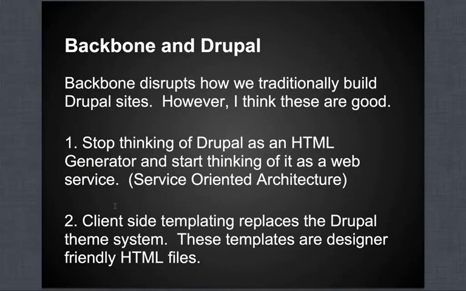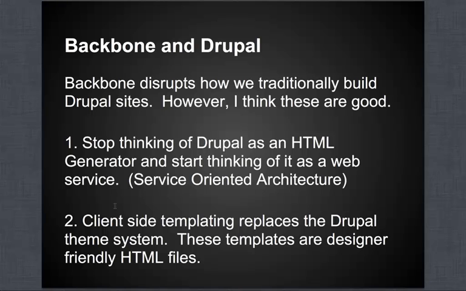Working with Backbone and thinking about Drupal has made me think about web development differently. Traditionally you get used to doing a page request every time, and then having Drupal generate this HTML and render it to the page. Backbone disrupts how I think about web apps because that's not happening on every page transition.